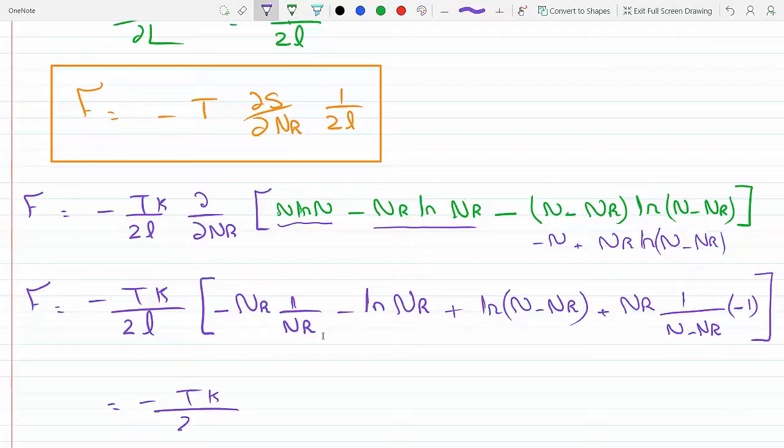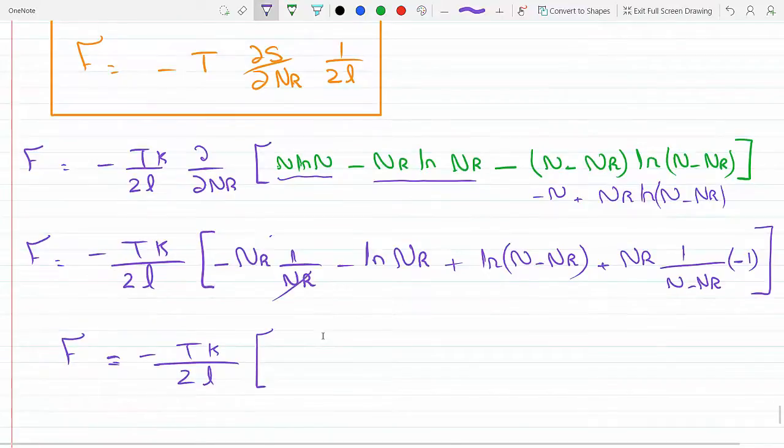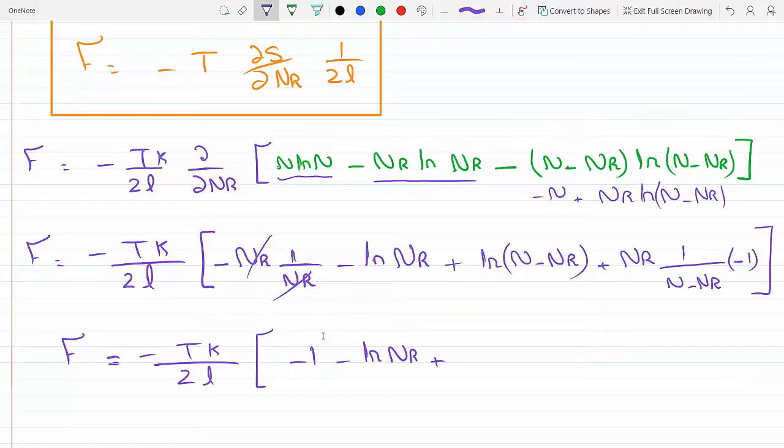and this becomes minus TK over 2L, these guys cross, minus 1 minus ln NR plus ln n minus NR minus NR.